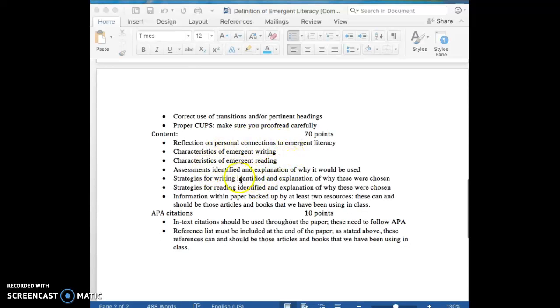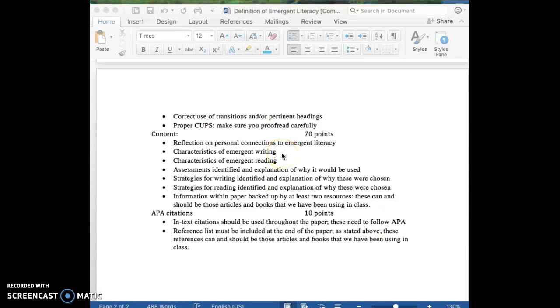Okay, then the content. The main area of points you'll get here is going to be on the content. So I'm going to look for reflection on personal connections to emergent literacy, and again those can come from your own young reading life. Some of you will have experiences remembering younger siblings or even your own children as they learn to read and write. You may make personal connections in that way.